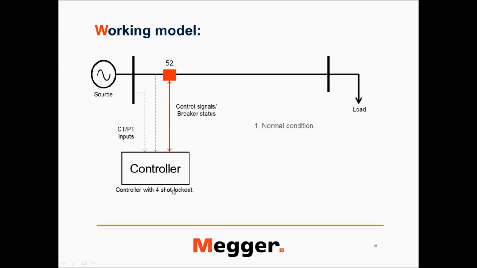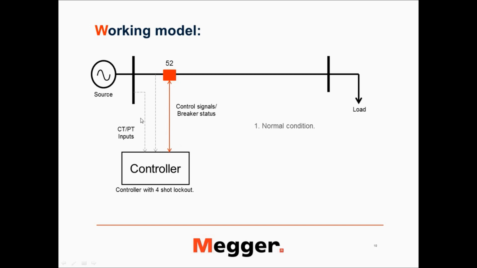We are not focusing right now on the controller itself, but the controller is like the brain behind the operation. Between the circuit breaker and the controller, all the control signals and the breaker statuses are communicated. The CT/PT inputs are going into the controller as well.